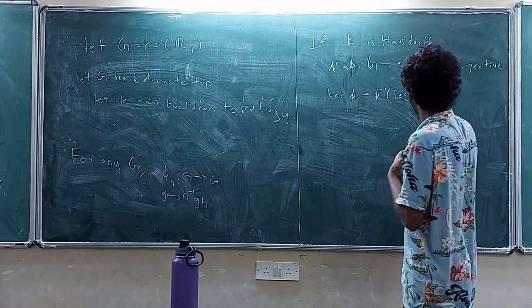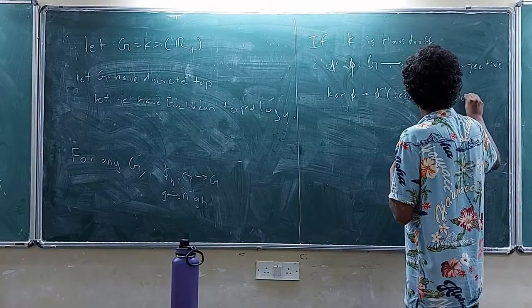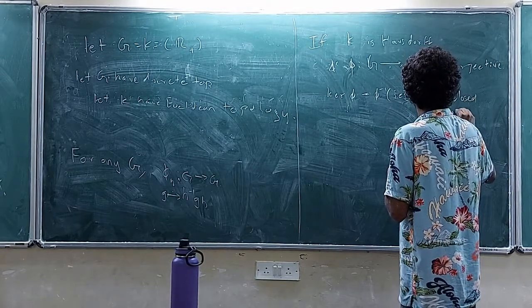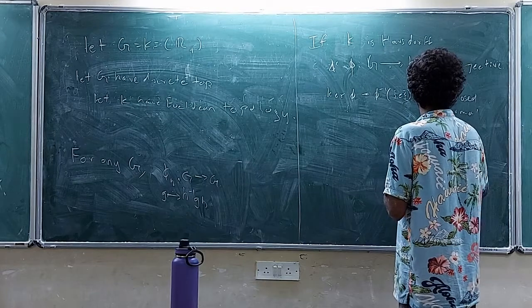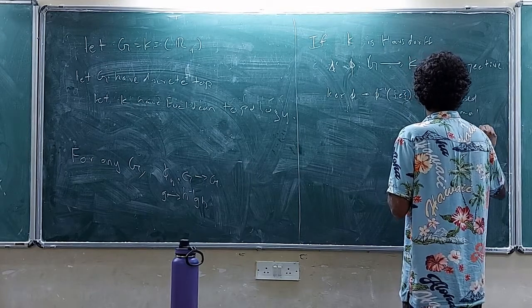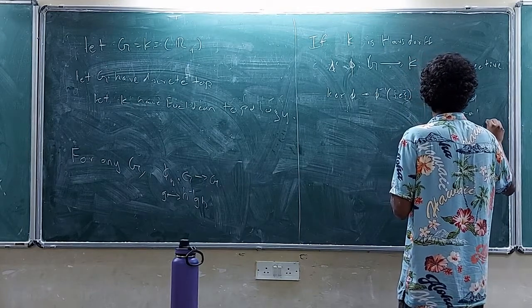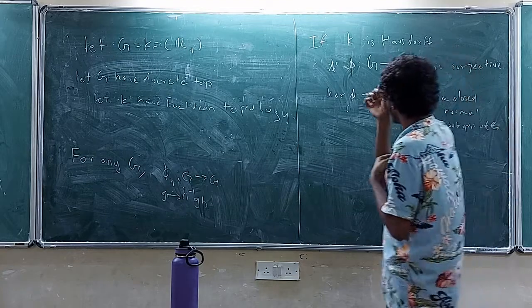So the kernel of phi is a closed normal subgroup of G, right?